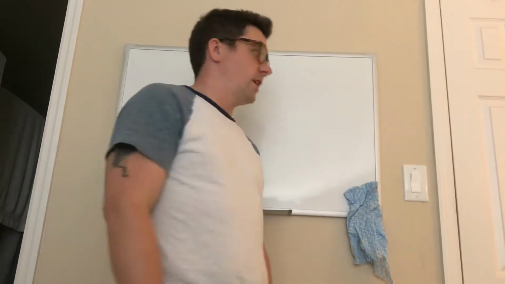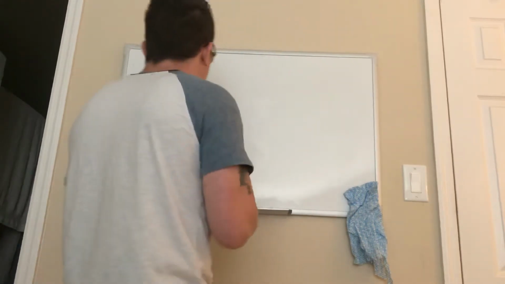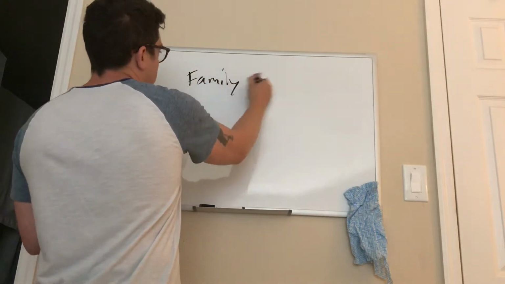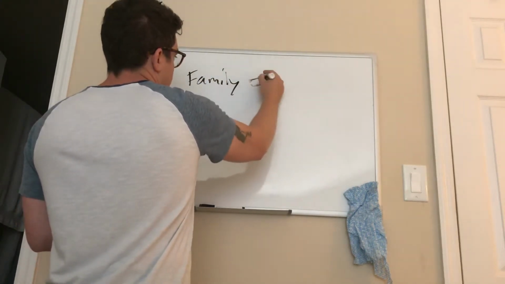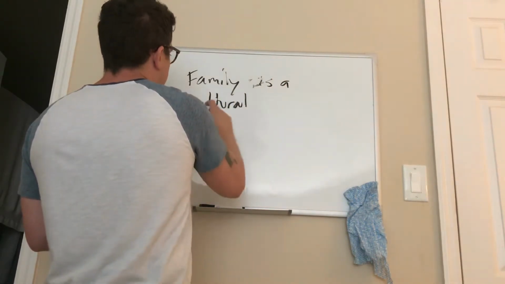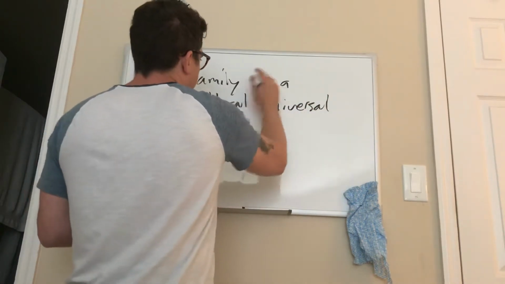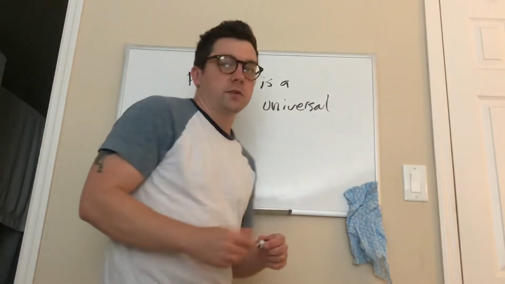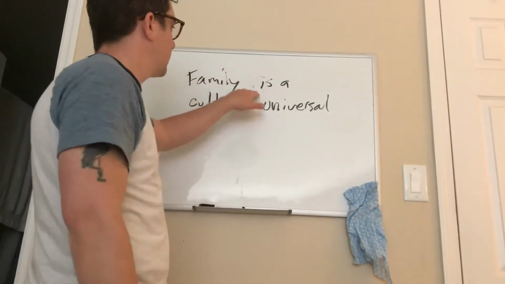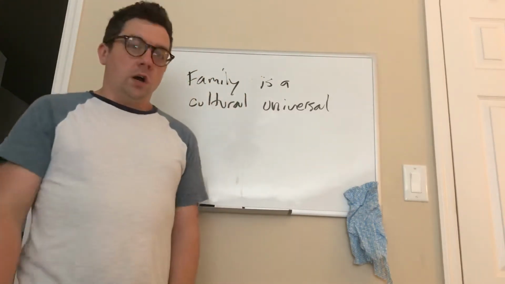So family, nuclear families, extended families, family is a cultural universal, right? A cultural universal, meaning we've seen some kind of family structure, typically the same nuclear family structure that we think of, but we've seen some kind of family structure in every society, historically speaking, around the world.